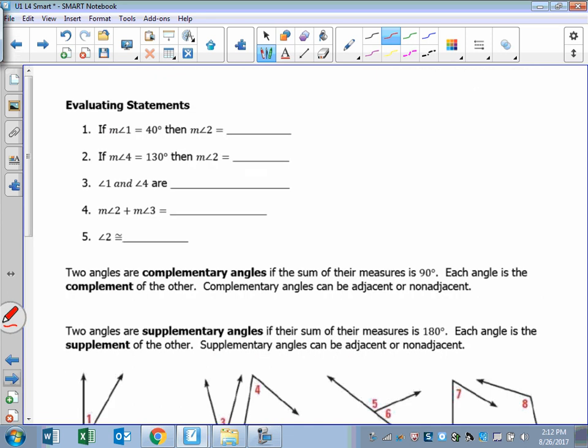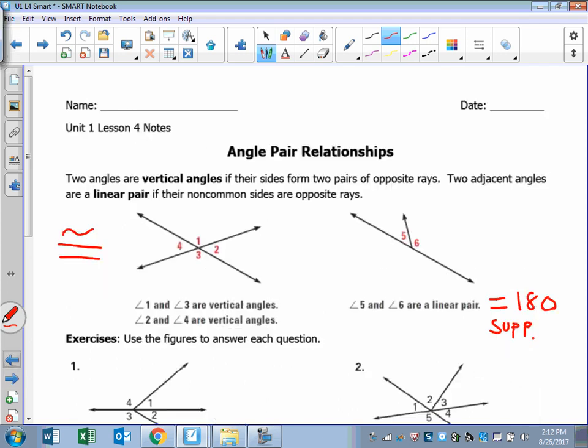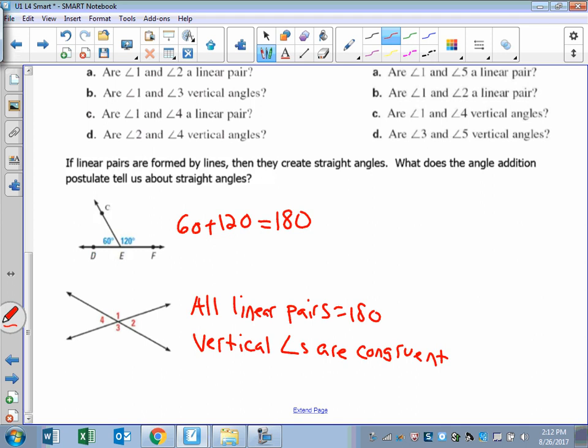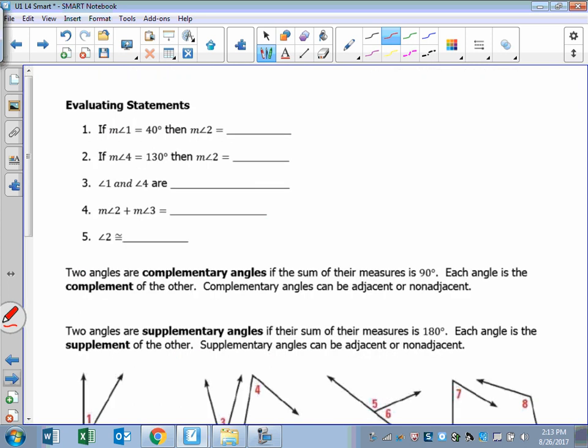If the measure of angle 1 is 40, then the measure of angle 2 is, well, if we look at angle 1 and angle 2, they're adjacent and they form a straight line, so that means they have to equal 180. They're a linear pair. So if the measure of angle 1 is 40, then the measure of angle 2 has to be 140.